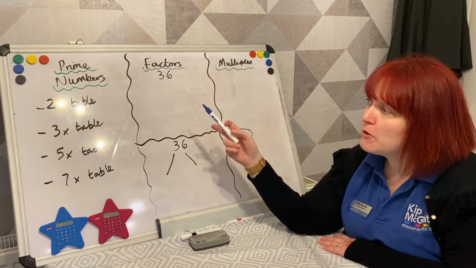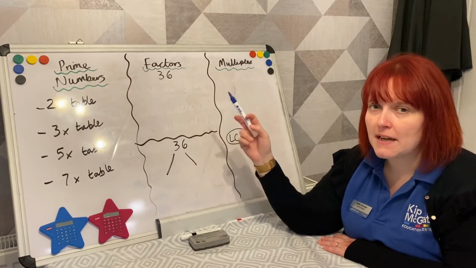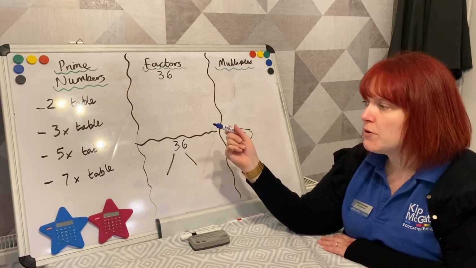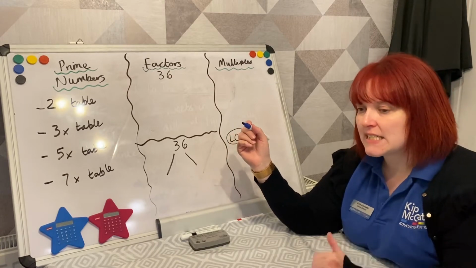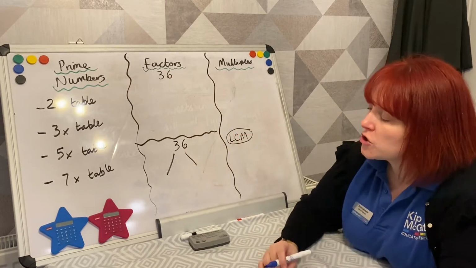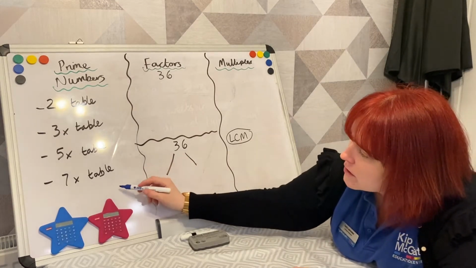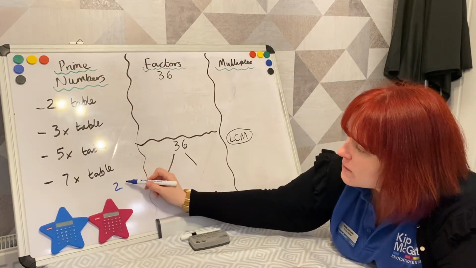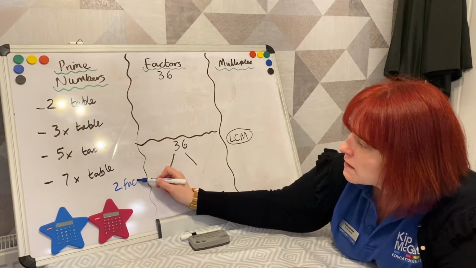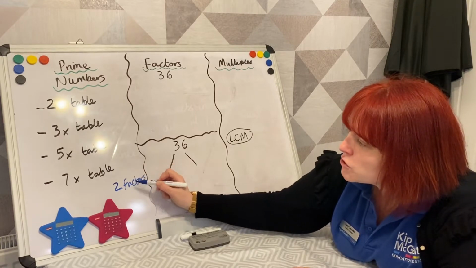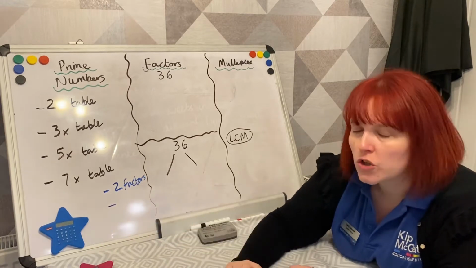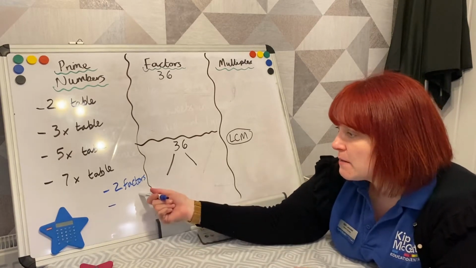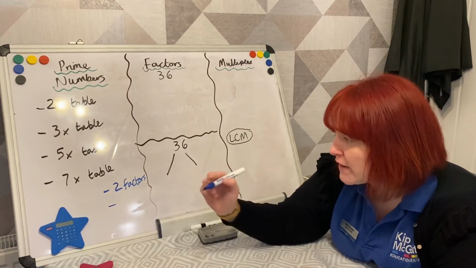So, prime numbers. How do we decide if a number is a prime number? The key rule is that it will have two factors, and those factors have to be itself and 1. So only two factors. There's one extra thing that people don't always know. 1 is not a prime number, because 1 only has one factor.